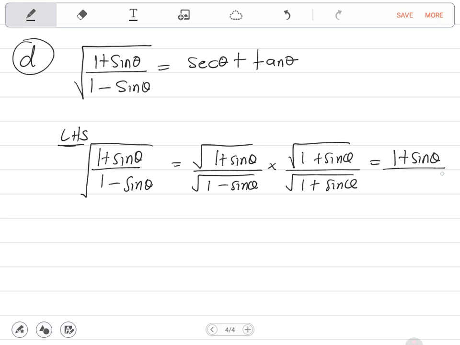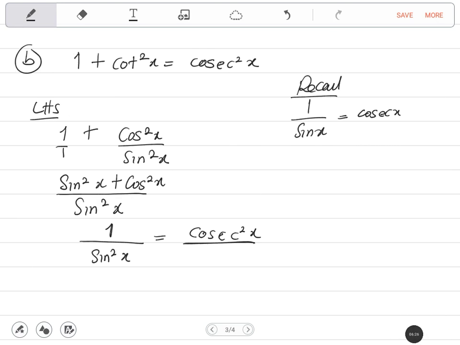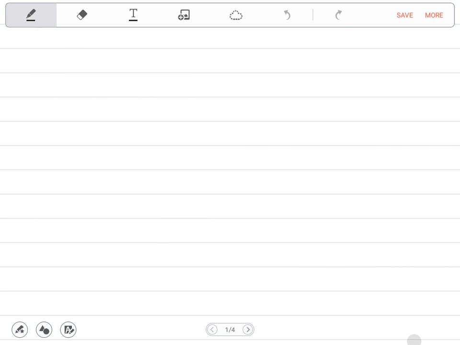So we are going to have 1 minus sin squared theta, like that. And again, the same identity is going to help us.